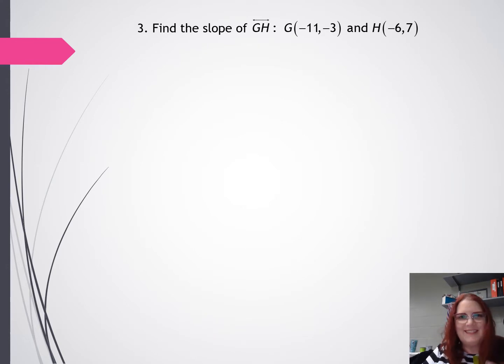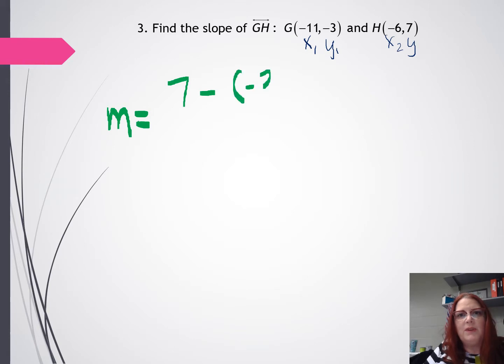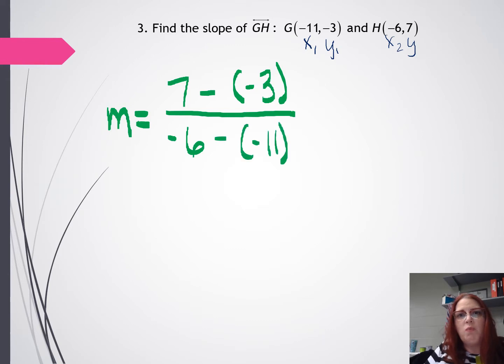All right, we don't have a picture this time. We only have points. So let's designate x1, y1, x2, y2, and use the slope formula for this. We have m is equal to y2, which is 7, minus negative 3, and then we're going to take negative 6 and subtract negative 11.